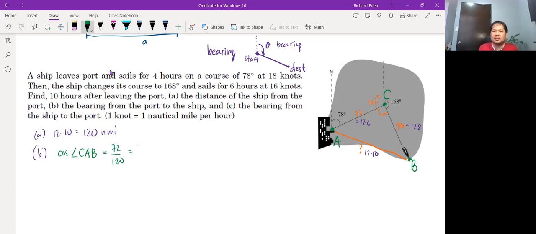Yeah, all right, 3/5. And then you could find angle CAB, which is cosine inverse of 3/5, which is approximately 53.1 something, so plus 78, the bearing is approximately 131.13 degrees. All right.